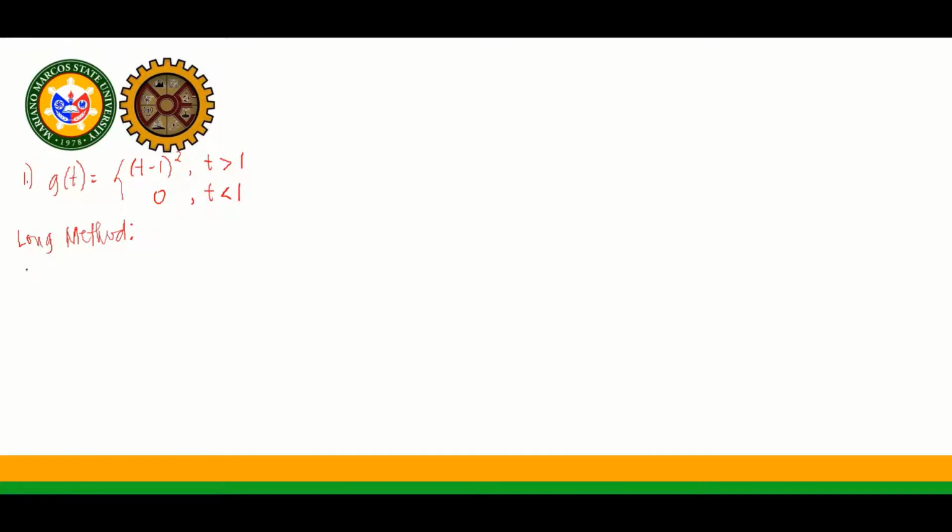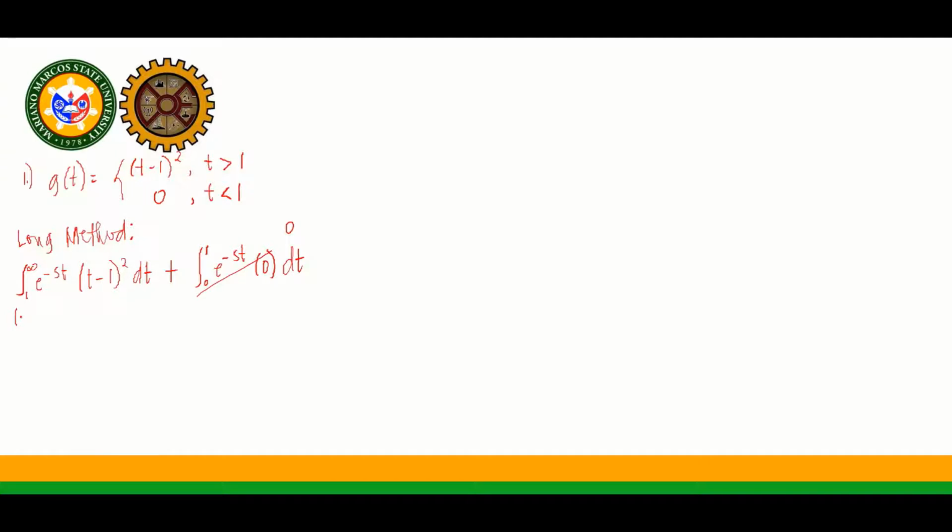Okay, so this is equal to the integral of e raised to negative st times the function t minus 1 squared dt, limits from 1 to infinity, plus the integral of e raised to negative st times 0 dt, limits from 0 to 1. So this will cancel out since yung function natin is multiplied to 0. So this is 0. So we are left with this function alone.